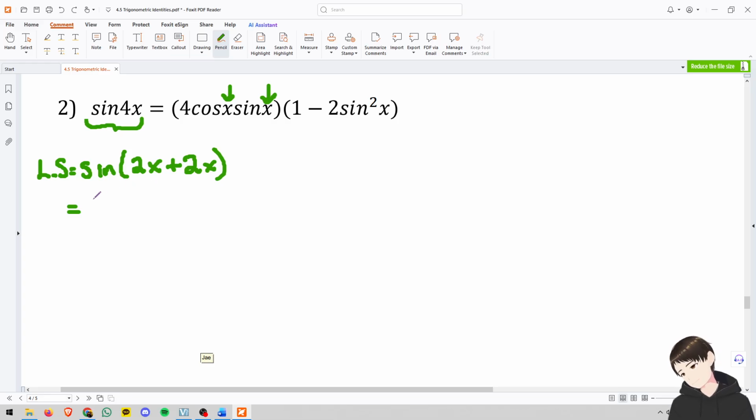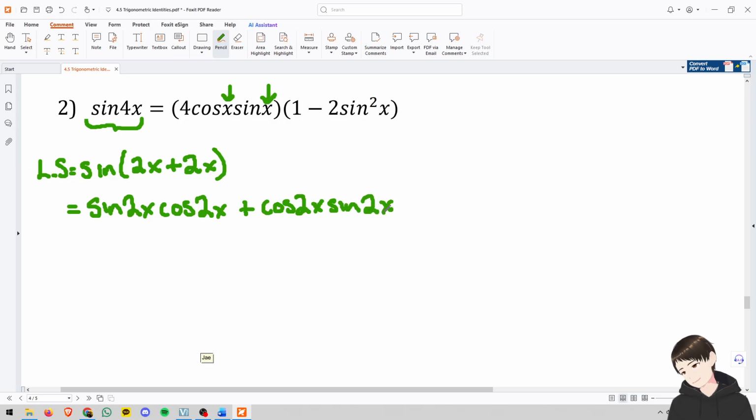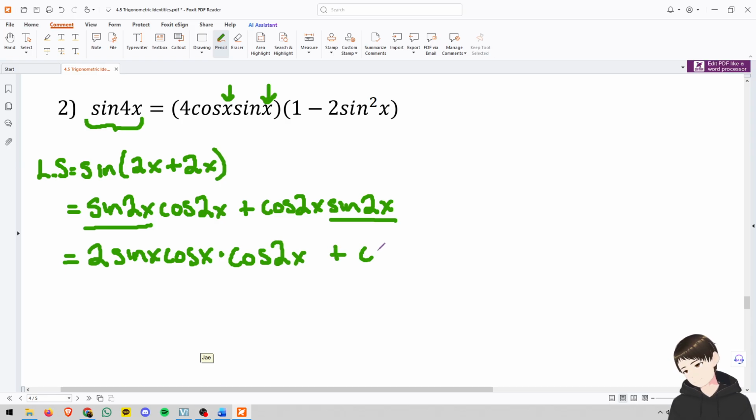And so this would be, let's see, sine 2x cos 2x plus cos 2x sine 2x. Now, sine 2x can be written as 2 sine x cos x times cos 2x plus cos 2x times 2 sine x cos x.